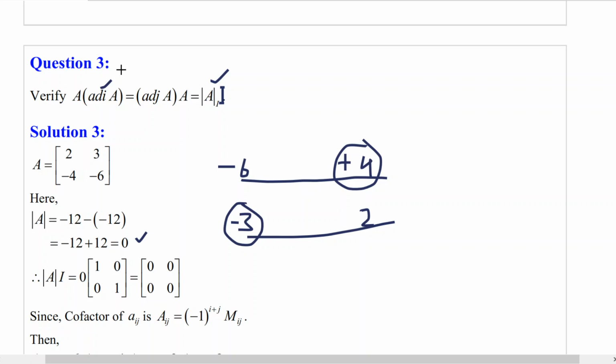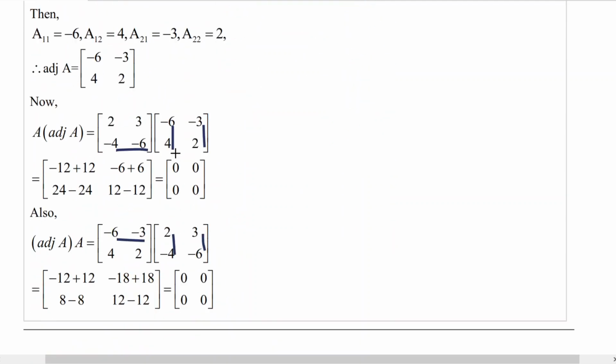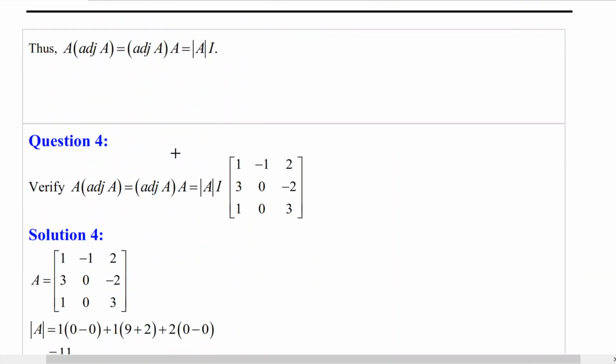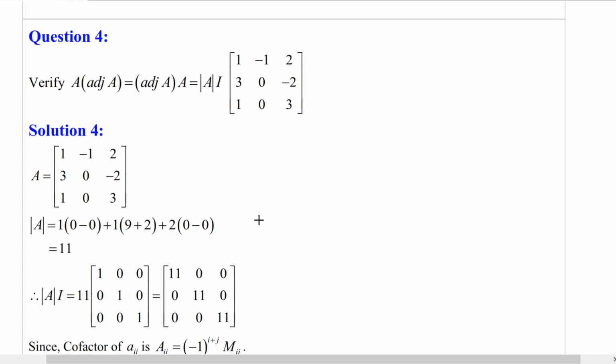Okay, so it will lead us to the method to find A inverse by determinant method. Again, the same question for a 3 by 3 matrix. I'll not be explaining it. Do it by yourself. That is our motive, that you learn by doing. Okay. So you can just pause it if you are unable to do it.